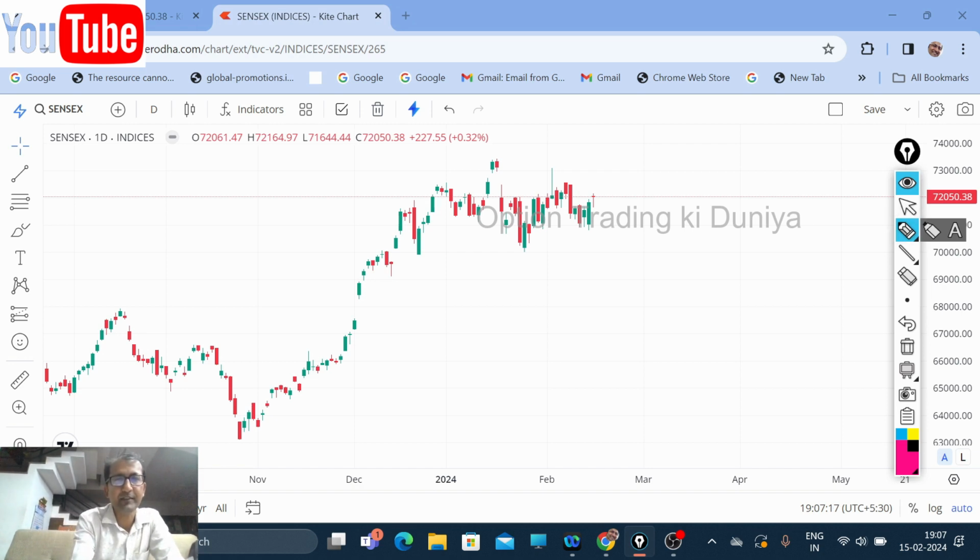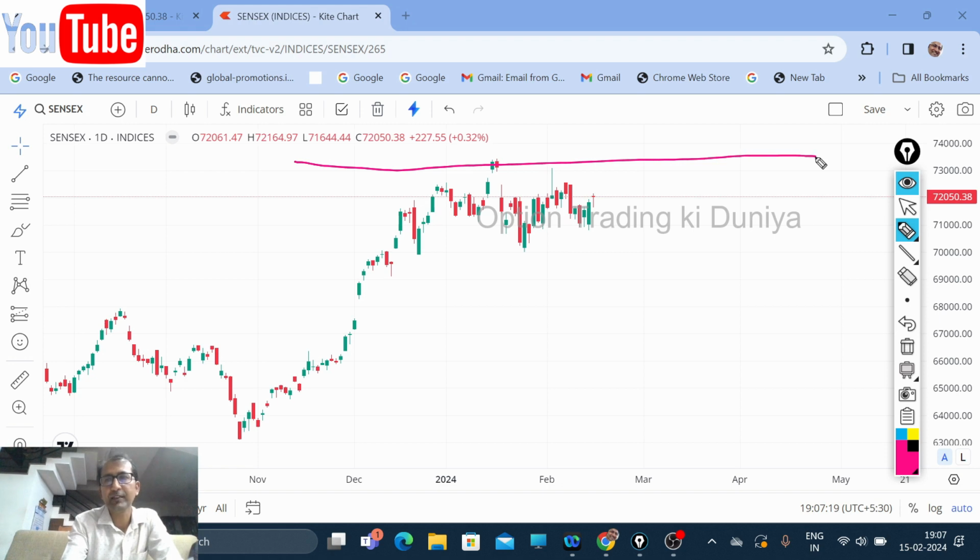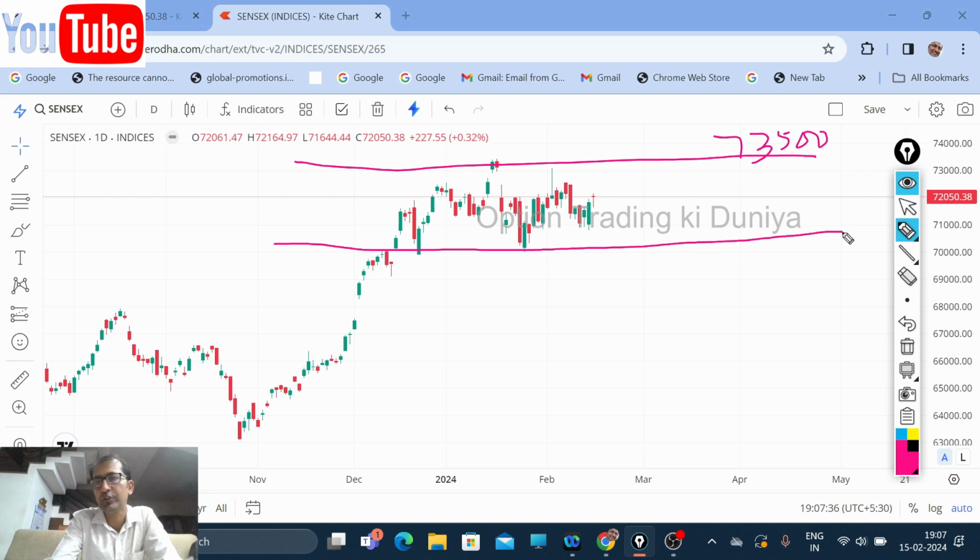If I mark the range, on the upper side we have around 73,500, and on the lower side we have around 71,000. So it is trading between 71,000 and 73,500. Today Sensex closed at around 72,050.